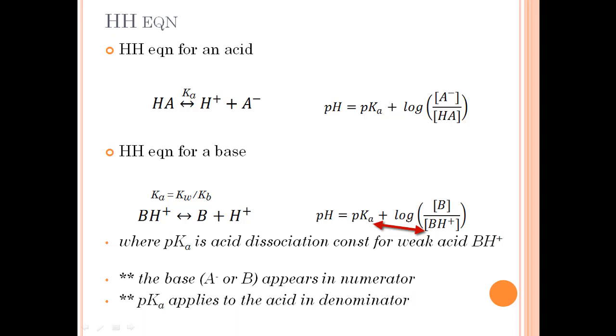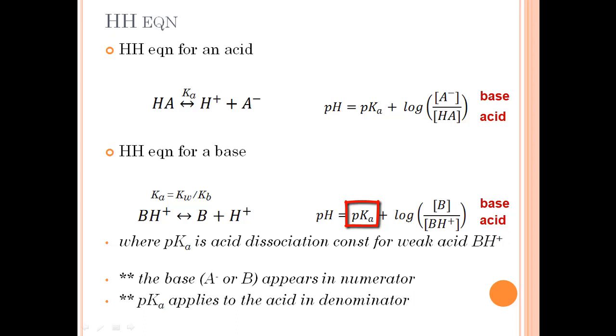The important thing to note is that the base always goes in the numerator of the HH equation. The A minus is on top and also the B is on top, which is the weak base in those equations. And the acid always goes in the denominator. Remember that for the base HH equation, this pKa is the acid dissociation constant for the weak acid, which is the BH plus.